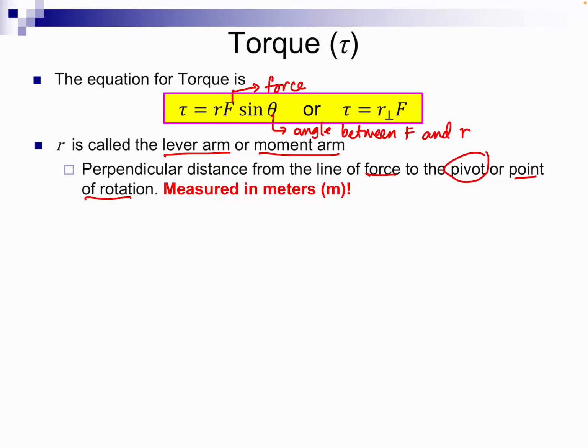Okay. So theta becomes important when the force is not directly perpendicular to the lever arm. If, for example, I apply a diagonal force on this lever, then there will be an angle between the moment arm and the direction of the force I'm applying.